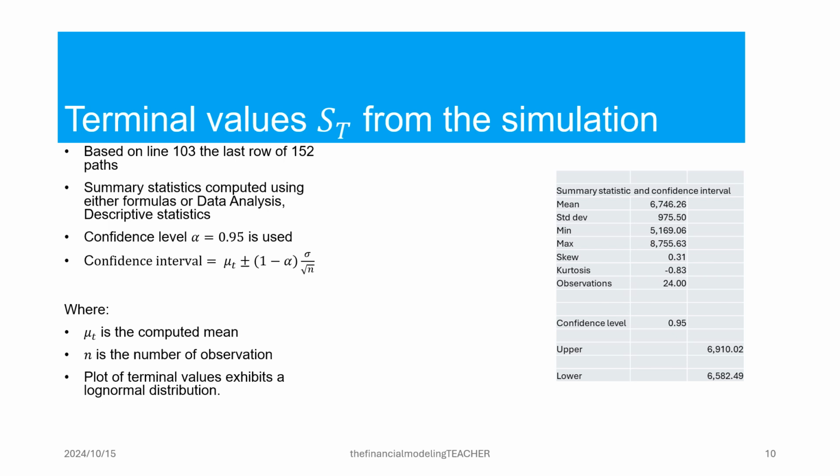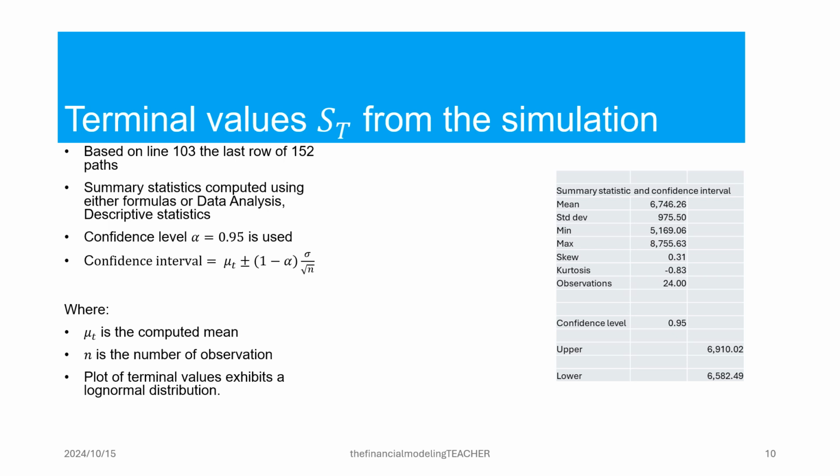So to work out the confidence interval, we have a 95% level of confidence denoted by alpha, so that the confidence interval is simply mu plus or minus 1 minus alpha, which is now our critical z or t statistic value, times the standard error, which is computed as sigma divided by the square root of n.